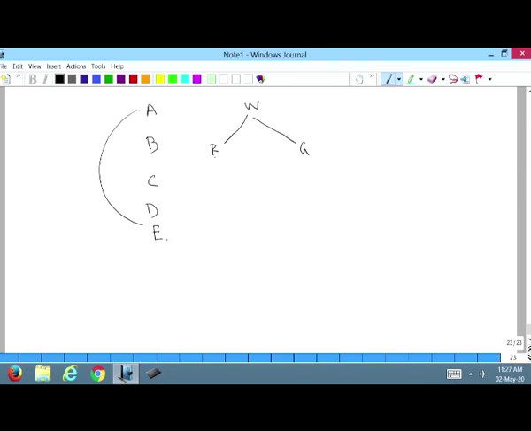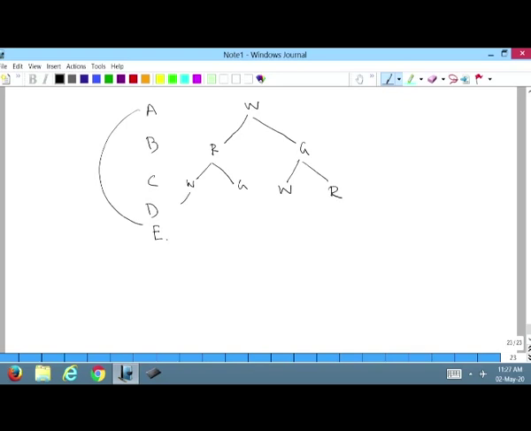Now, B is red, therefore, C can get white and green, and similarly when B is green, C can get white and red.